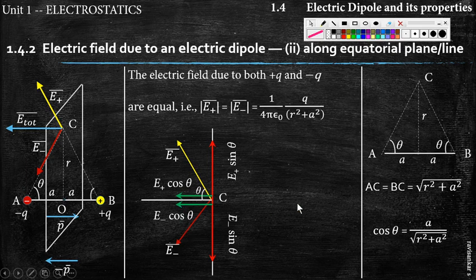Have you written 6 as the answer? If you have written 6 as the answer, I am afraid you are wrong, because once you have resolved a vector into its two rectangular components, horizontal and vertical, the vector itself has no role. In place of the original vector, we have marked two vectors here.